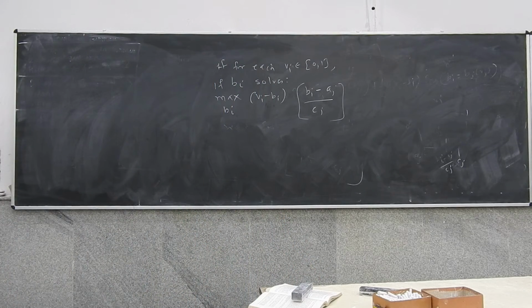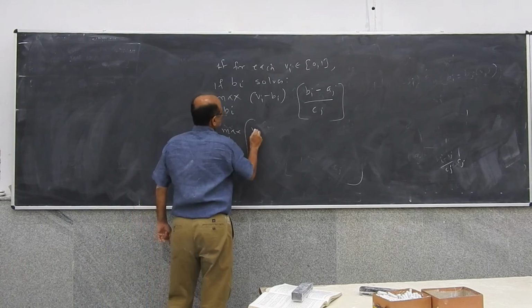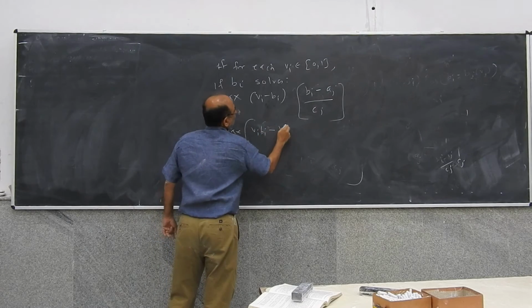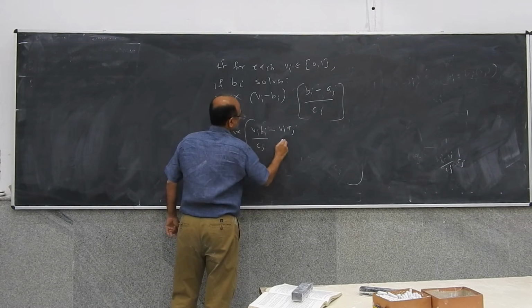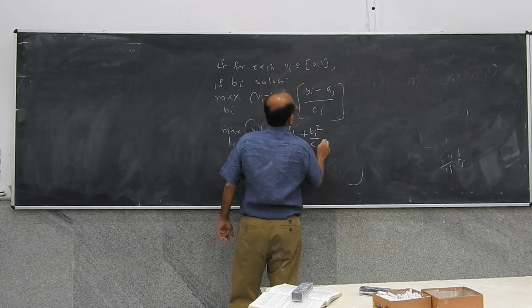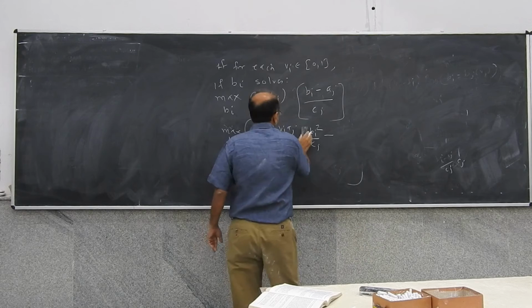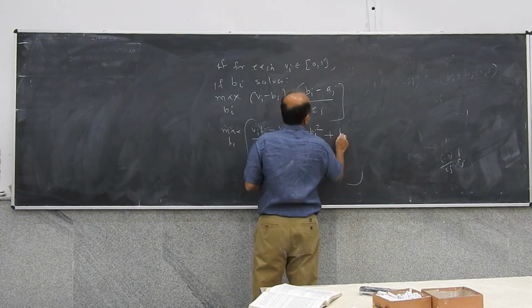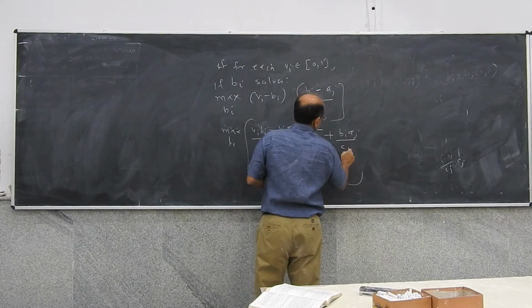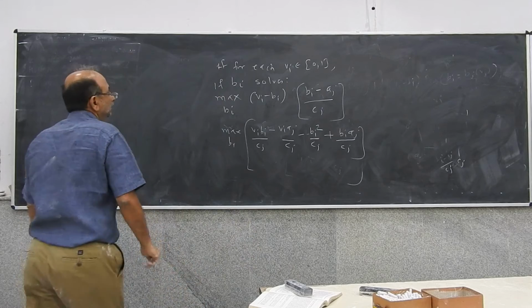So how do I do this now? I differentiate with respect to Bi. So, maximize over Bi, minus Bi square plus the remaining terms. Sure?